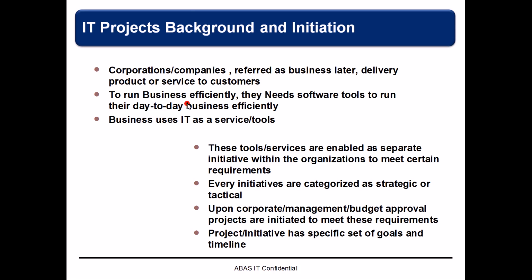So to run the business efficiently, they need software tools to run the day-to-day business, and business uses IT as a service or tools. So IT is not a product by itself for a company that's delivering products or services to customers, but it's a tool they use. And on the other side, ABAS IT, we provide that service or develop the tools for those corporations.